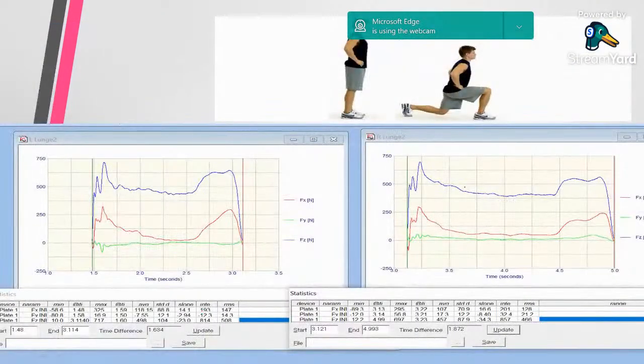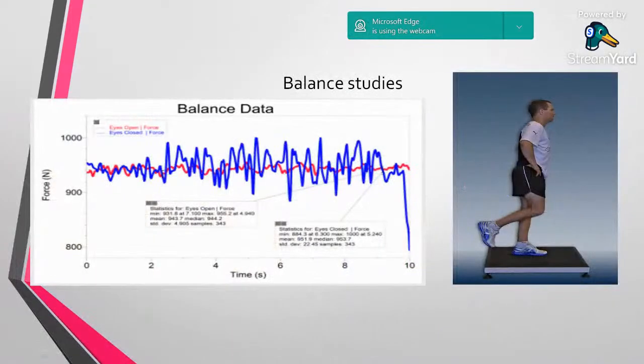Then you can do lunges, especially for badminton players. Lunge is a very important part. After the lunge, the recovery is also important. So we can do some testing here and find out the difference between right and left lunge. These are certain tests. And then of course you can do balance studies.